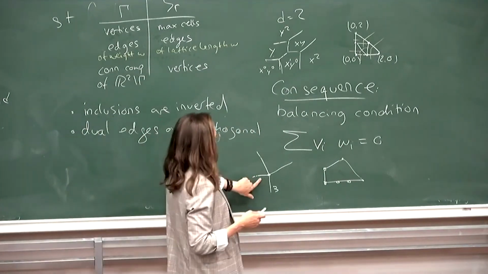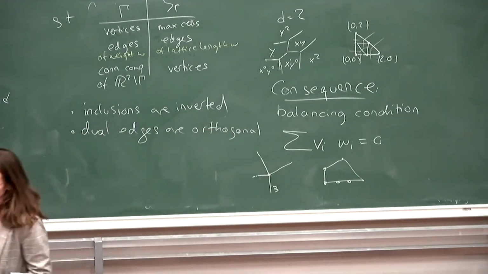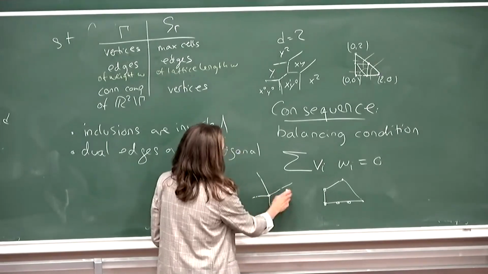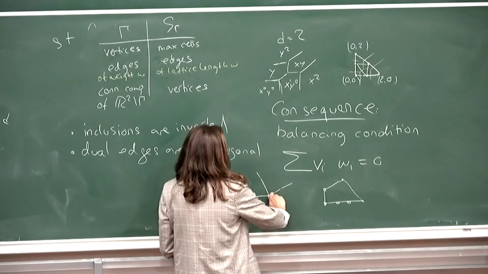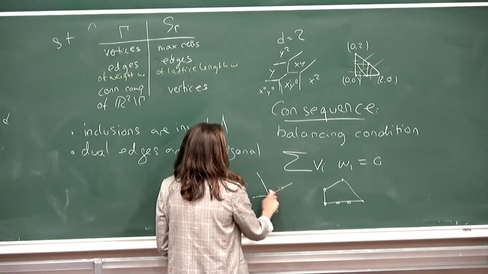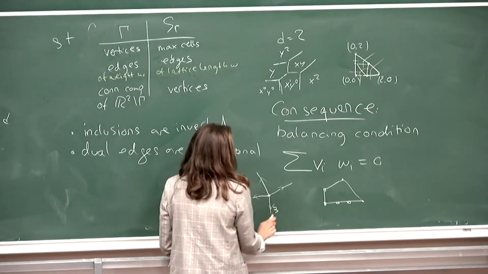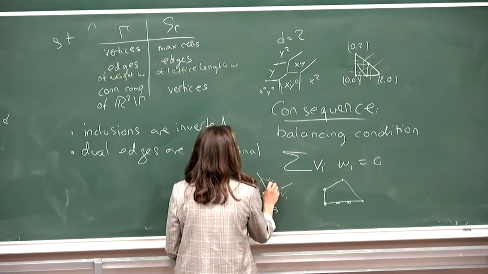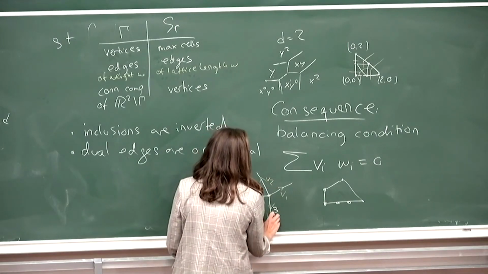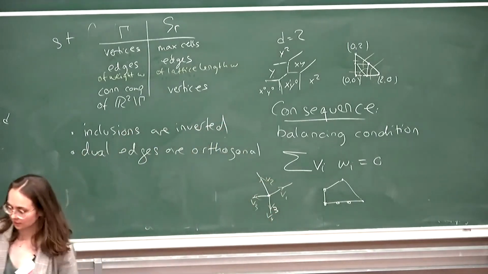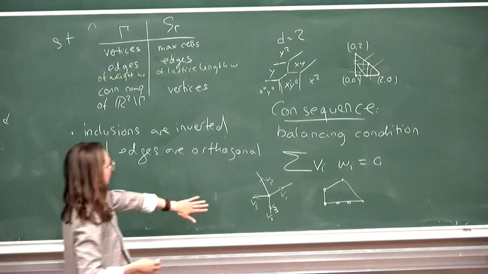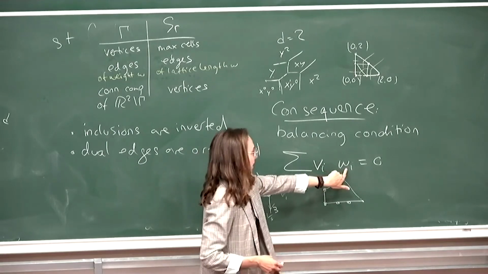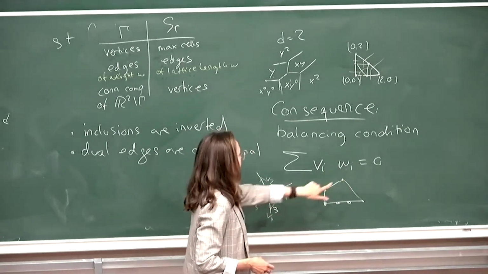So the balancing condition tells me that if I take, so these all have weight 1, and if I take the shortest integral vector in each of these directions, so these are the v_i, so let's say v1, v2, v3, v4, then taking the sum of these vectors and multiplying them by the weight, we get 0.